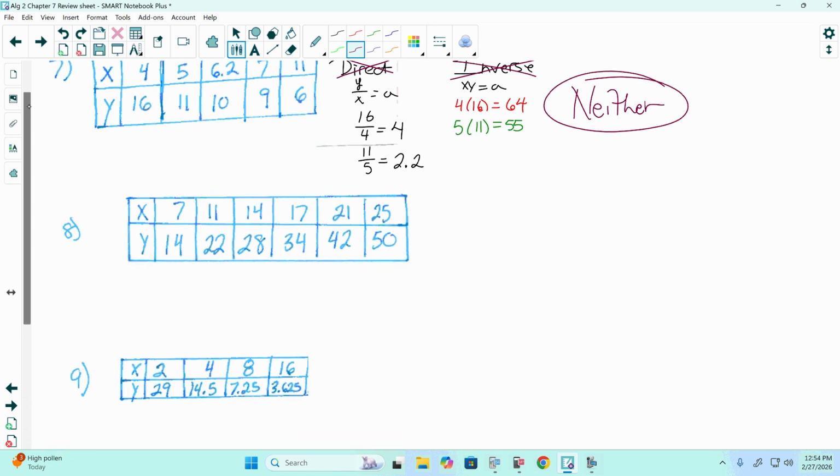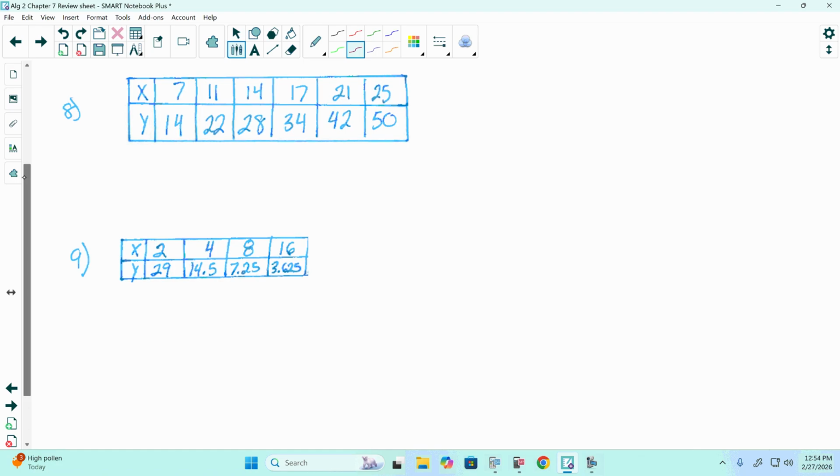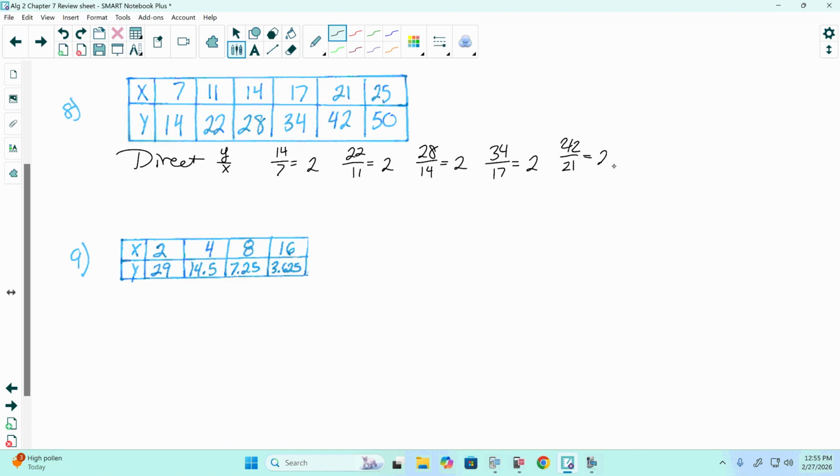Questions on this here? Number 8. Do we want to try direct or inverse first? Doesn't matter which. Direct. So this is our y over x. We can start off with 14 over 7, which is 2. 22 divided by 11 is 2. 28 divided by 14, 2. 34 over 17, 2. 42 over 21 is 2.